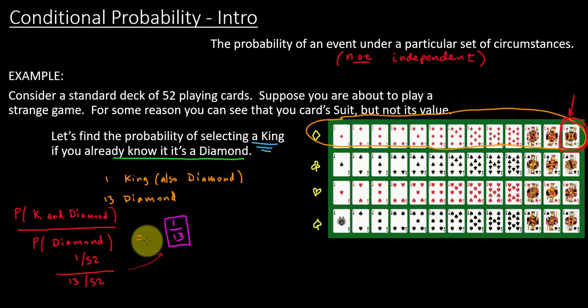Let's formalize this conditional probability into a formula so that it would work in any scenario. I'll scroll down here. We've got some notation that applies to conditional probabilities as well. The way this looks is the probability of an event. I'm going to call this E, and I just wrote a tall vertical line.